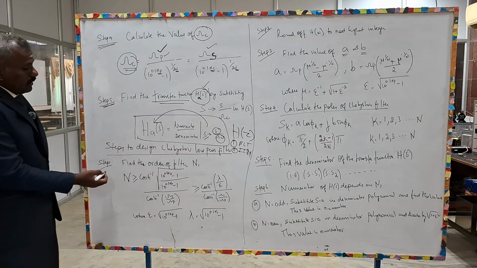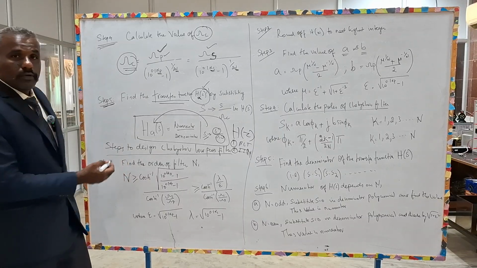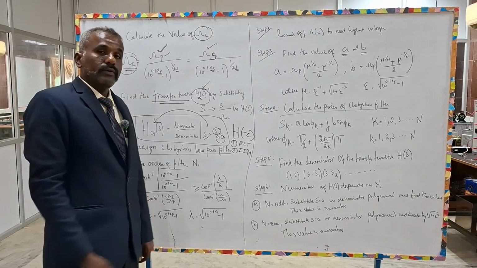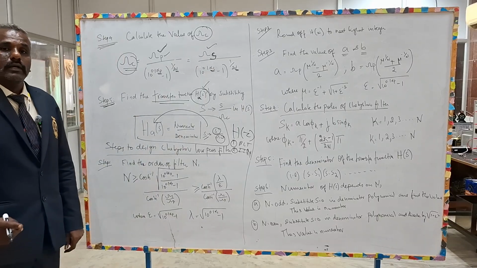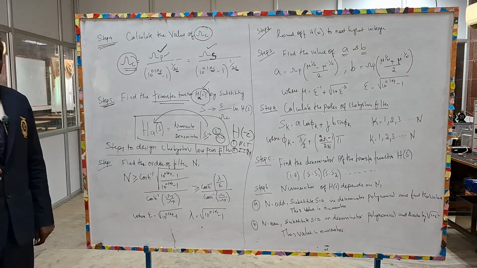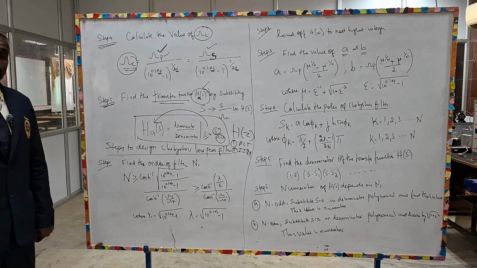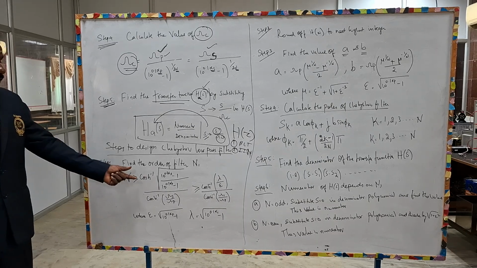Step number 1: here also we find the order of the filter N, but the only change from the previous Butterworth filter is the formula.